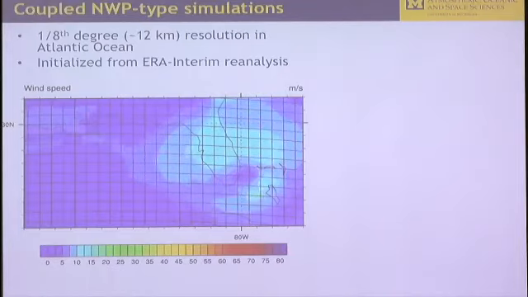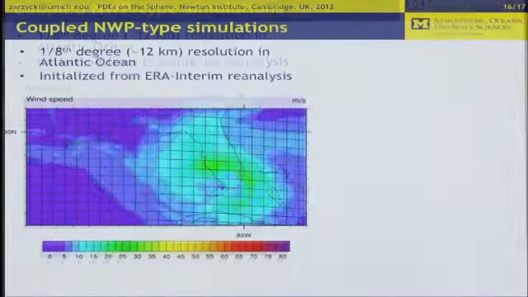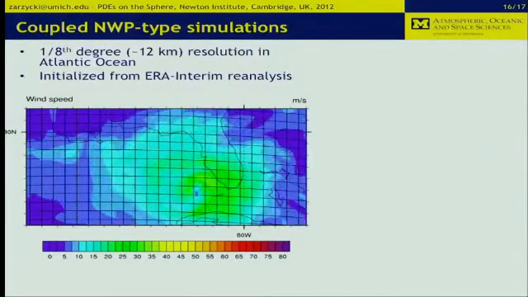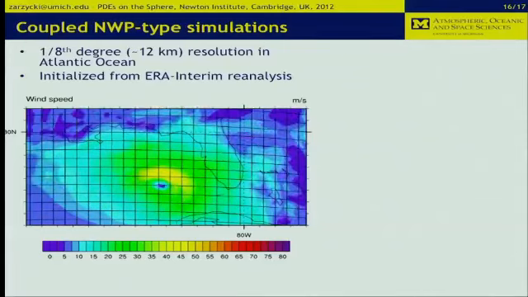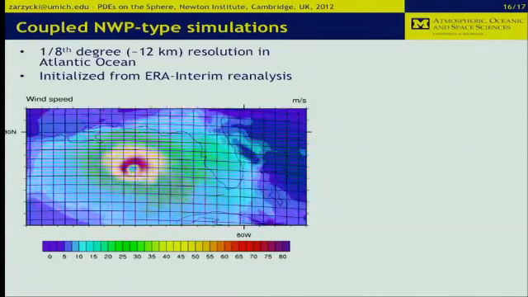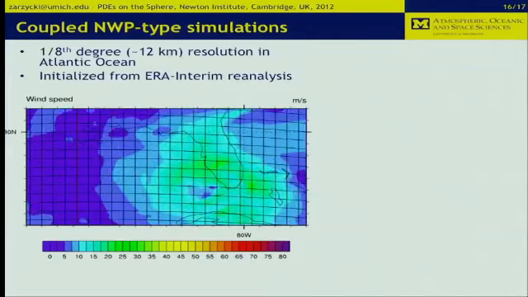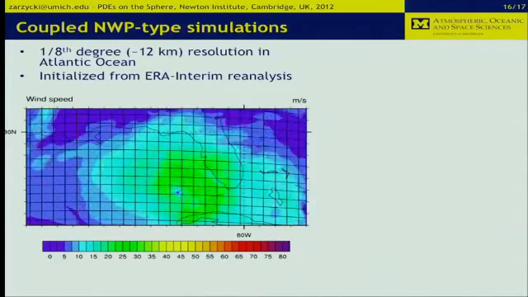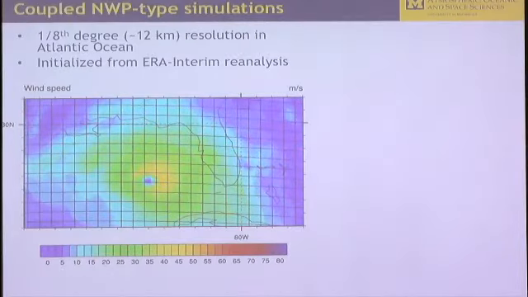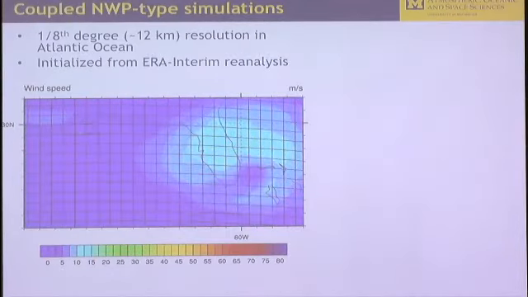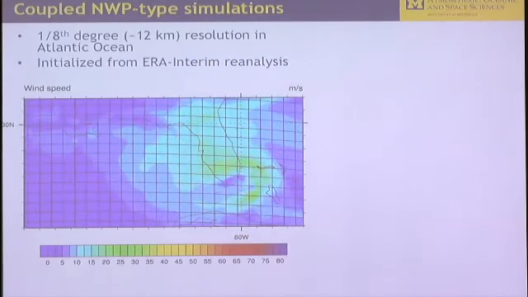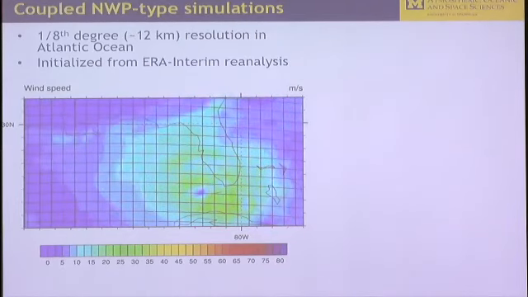And then the last thing that we've been working on has been using this framework to run some high-resolution tropical cyclone forecasting experiments. So this here is a simulation where we use that Atlantic grid that I just showed in the previous slide, although we've refined it down to an 1/8 degree. This grid here is the overlying 1/4 degree grid.